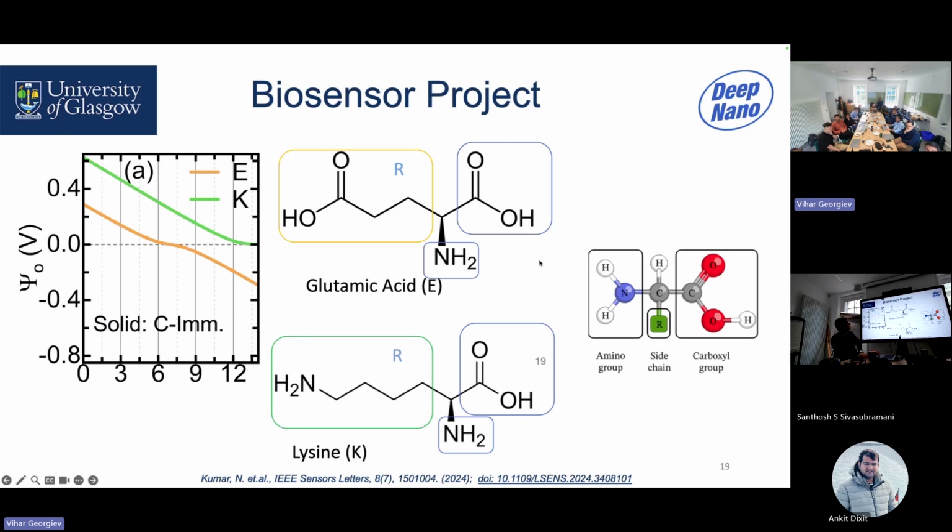What you can see is that the green one, which is the K, has a different response from the orange one when I measure the potential. I'm not going to go into detail about why, it's to do with amino groups and so on. So I can distinguish between E and K. I can also distinguish how these molecules are attached, either this way or that way, depending on the charge.